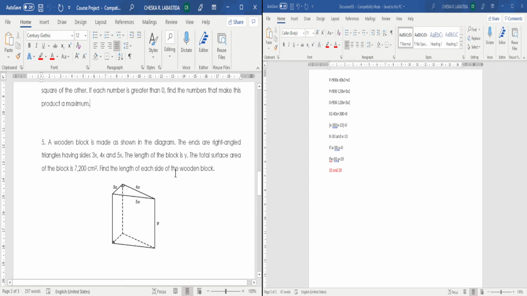The length of the block is y. The total surface area of the block is 7,200 cm squared. Find the length of each side of the wooden block. So let's go ahead and solve that one.